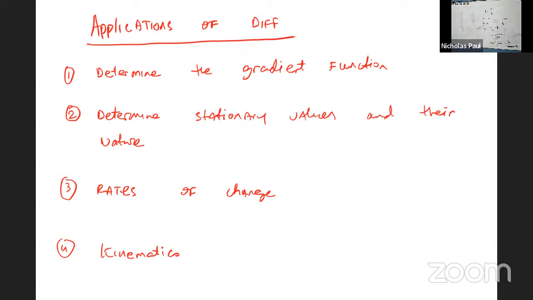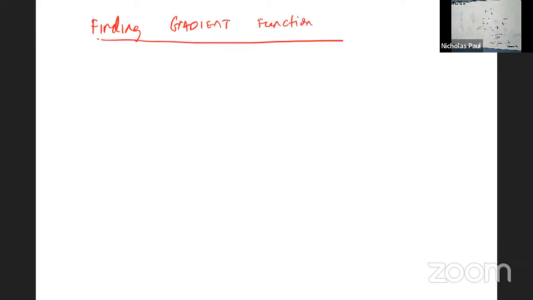Nice. Finish. All right. So we're going to take a look at finding the gradient function, right?